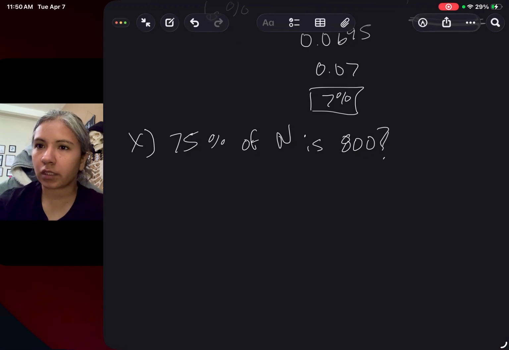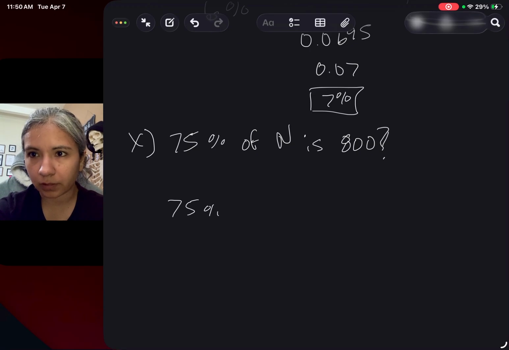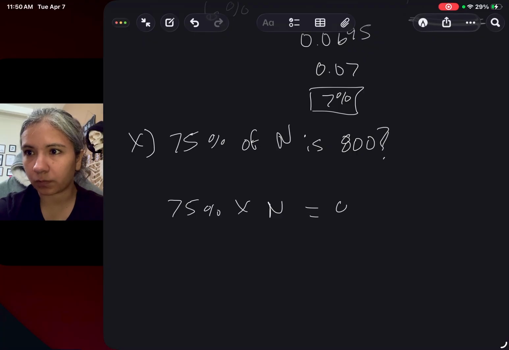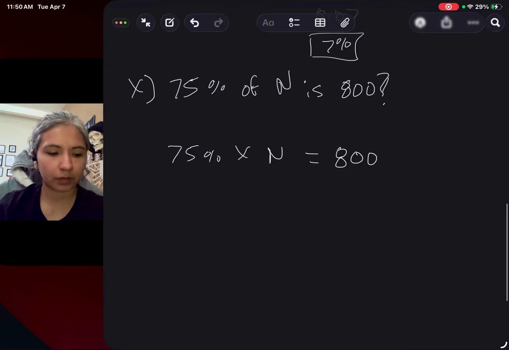Okay, so let's translate this into an equation. We have 75% of, and "of" is multiplied. What number is equal to 800? Oh, so here's our equation. Now let's solve.